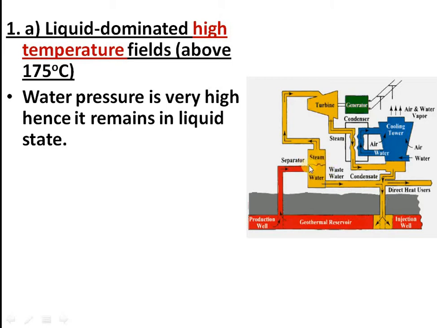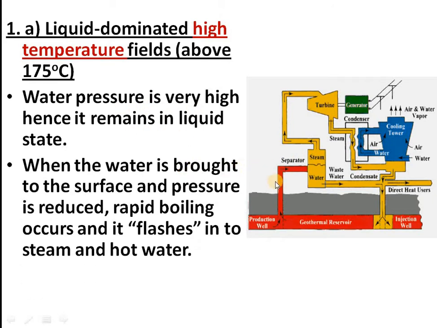But when it enters a chamber and you reduce the pressure, what happens? When water pressure is very high, it remains in liquid state. But when pressure is lowered, rapid boiling occurs and it flashes into steam. This water is suddenly converted to high pressure steam, and you can use it to spin your turbine.